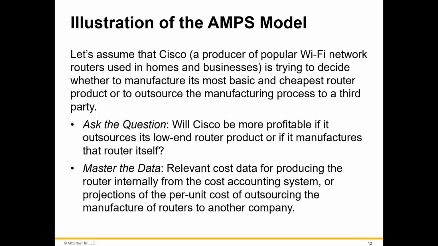So what it can do is get relevant data of what it would cost internally. There might be some overhead. There's going to be cost of materials. There's going to be quality control, employees, and so forth. Or it may be cheaper or more profitable to just outsource this to another company.